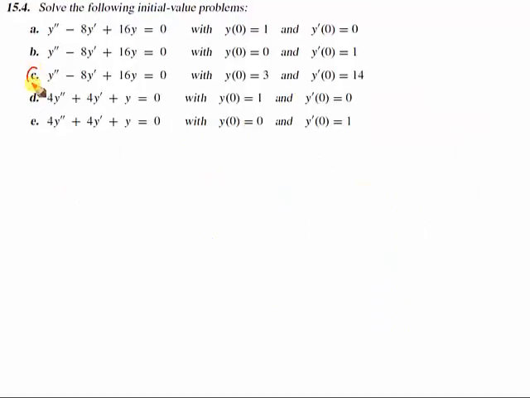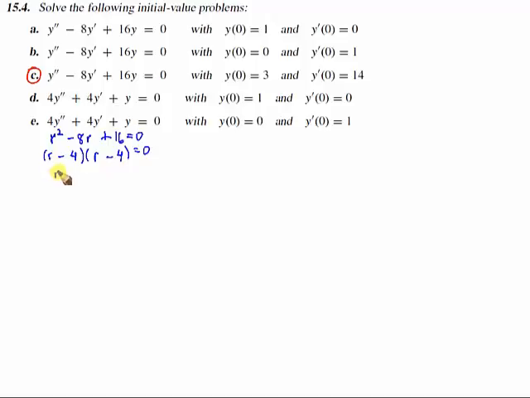Alright, let's take a look at this. Characteristic equation, r squared minus 8r plus 16 equals 0. We can solve that by factoring. So two things that multiply to give 16 and add to give negative 8 would be negative 4 and negative 4.